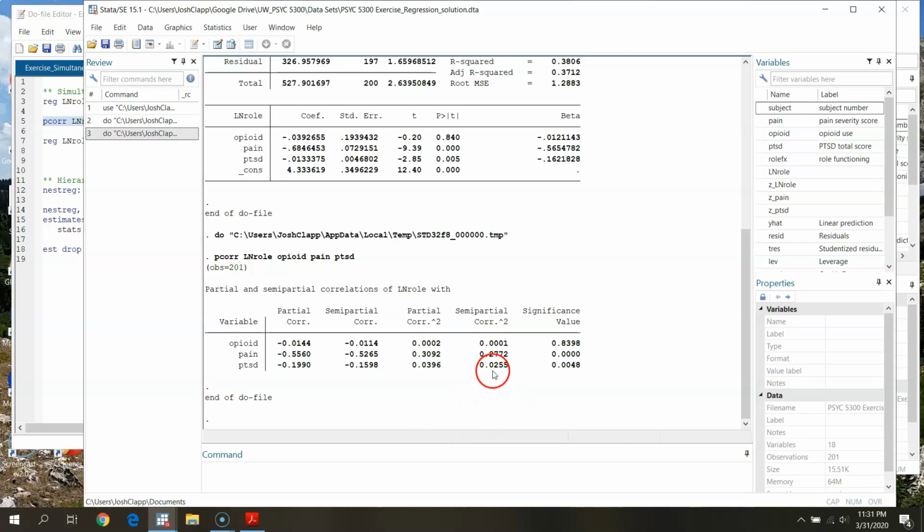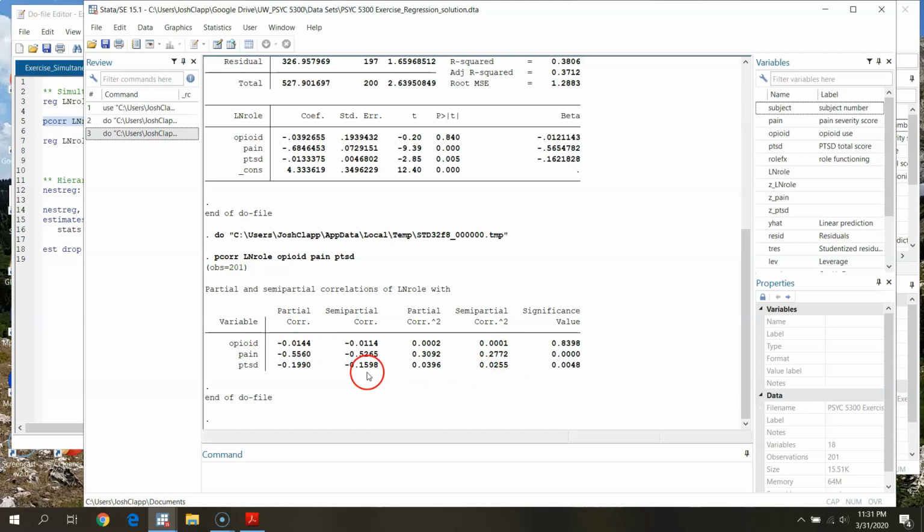Same thing, if we go down and take a look at the squared semi-partial correlation for PTSD, we're seeing that PTSD uniquely accounts for about 2.6% of the total variability in the natural log of role functioning, so a much smaller percentage than what we got with pain.